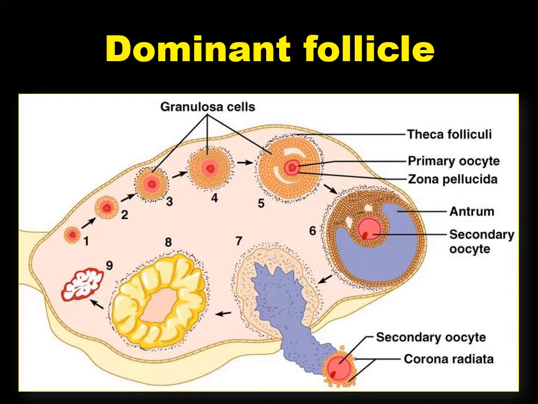Follicle stimulating hormone starts acting on the primary follicles, changing them into secondary follicles, preantral and later on antral follicles. Under the effect of FSH, these follicles start growing from the primary follicle, which is an oocyte with a single layer of cuboidal cells, to, as we said, secondary follicles.